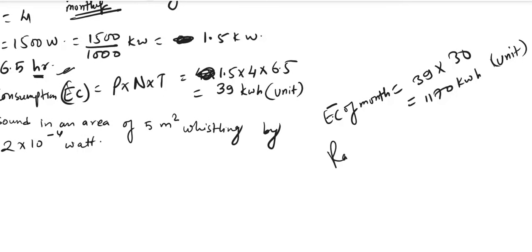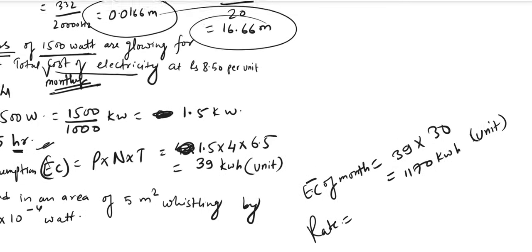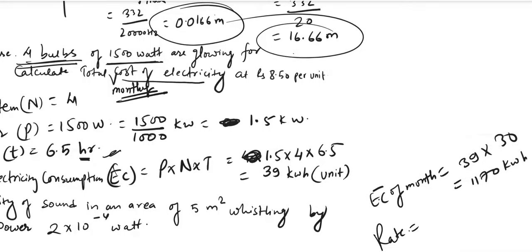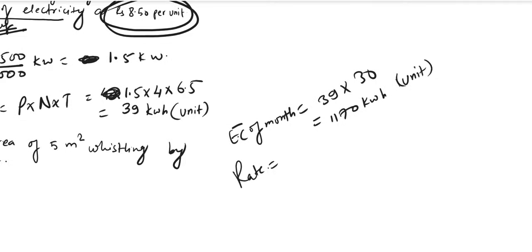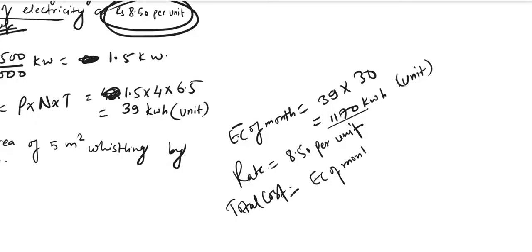Now the rate of the electricity is given. It is how much? 8.50 per unit. But here we have 1170 units. So what will be the total cost? Total cost is equal to EC of month into rate.